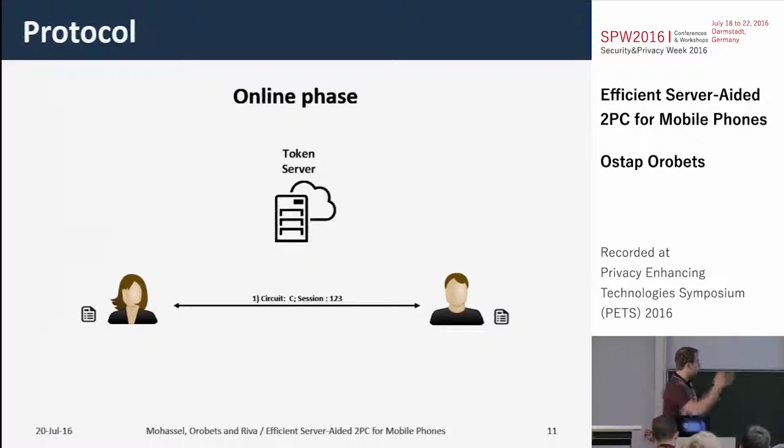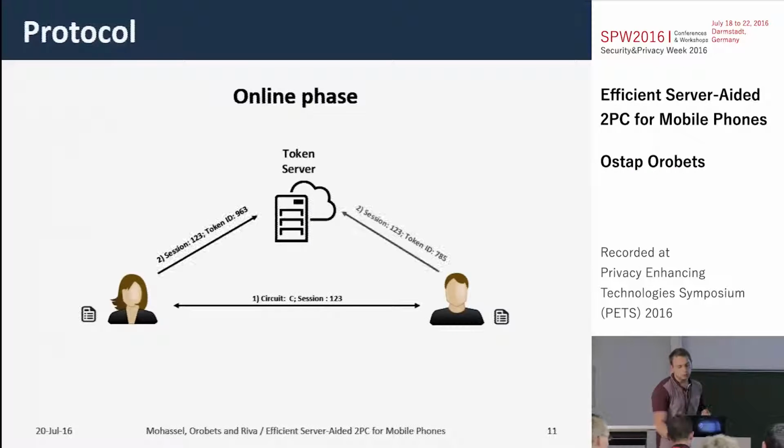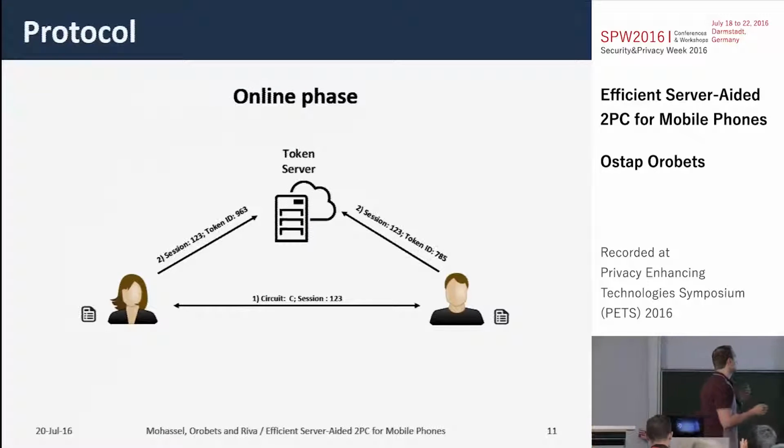They both have those independent token files, and then they agree on the circuit that they want to compute. They agree on the session that they're going to use, and they send to the token server a request with the name of the session and the ID associated with the token file that they use for computation.